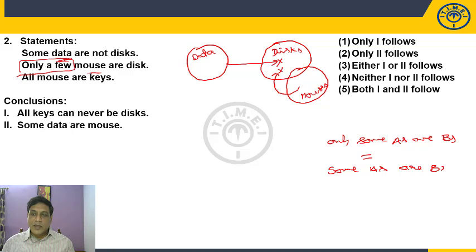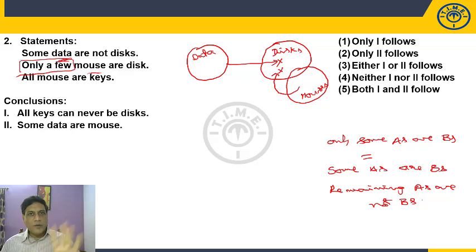It also means that remaining A's are not B's. It gives both. Some should be inside, the remaining must be outside. If we don't have this word only, then we can't say anything about the remaining. It may be inside the other circle or may not be.